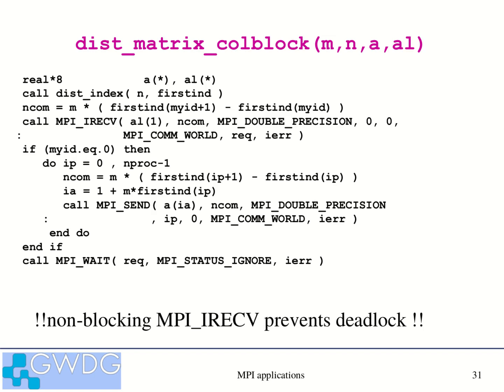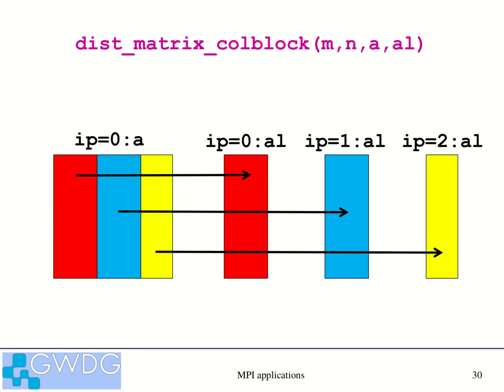Because this would be the address, this one is just skipping the first n times first index of 0 times elements. So you would start here.